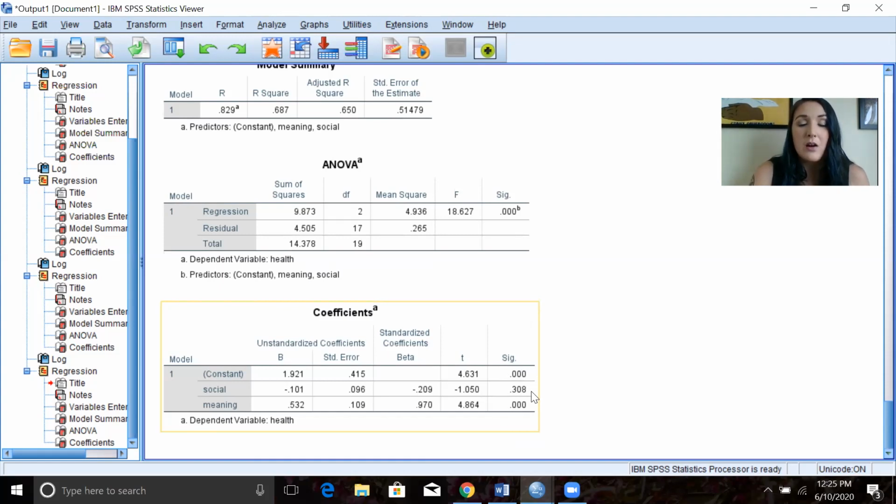That relationship is there. What this tells you is that social connectedness appears to be impacting physical health through the pathway of meaning in life. Social connectedness only predicts physical health to the extent that social connection makes your life more meaningful, which then in turn more proximally impacts your physical health.